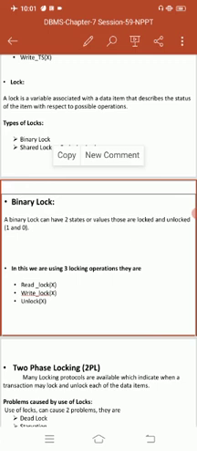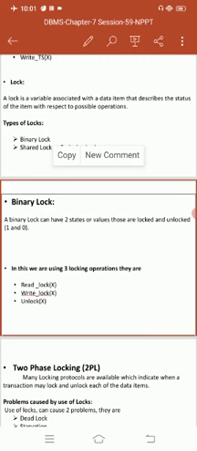It is exclusive because allowing more than one transaction to write on the same data item would lead the database into an inconsistent state. Read locks are shared because no data value is being changed. There are four types of lock protocols available.